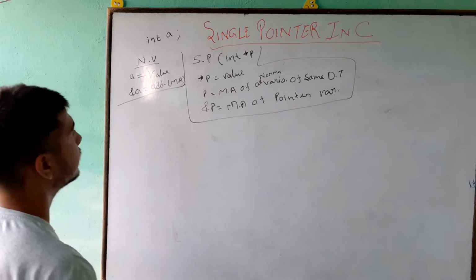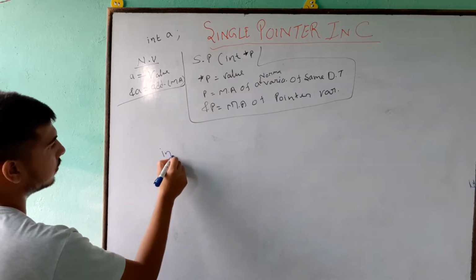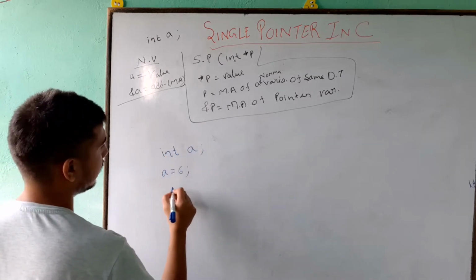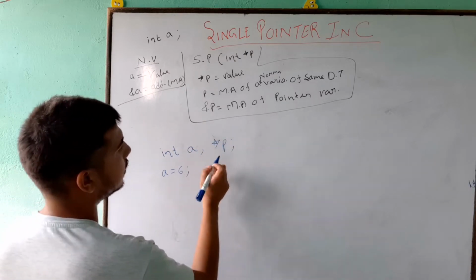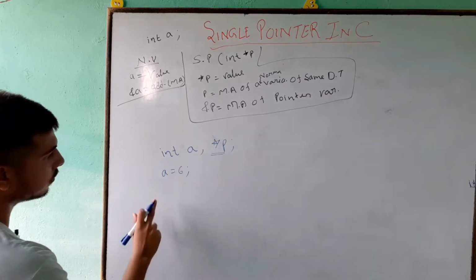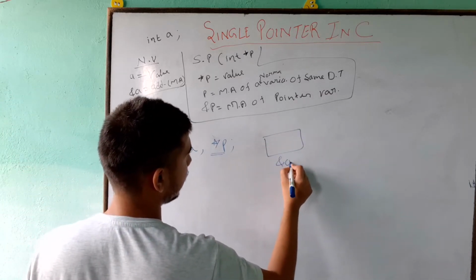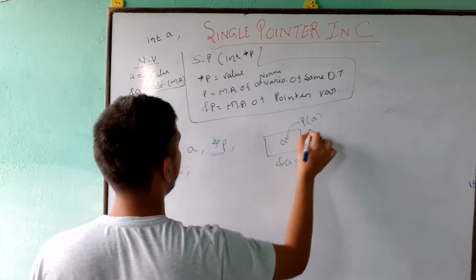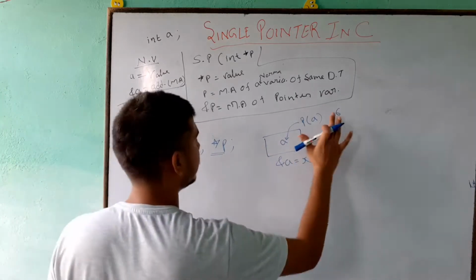Okay, so let's take some example. For example, I am defining a variable int a, and I am writing a equals 6. I am also defining a pointer; a single pointer is defined with only an asterisk and the variable name. Now the address of a, let's say, is x, and this is a. If I do the printf of a right now, it will give me 6.